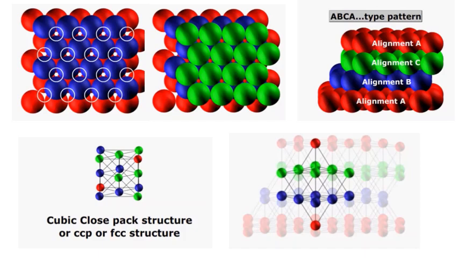The first one is for the hexagonal close packed structure, AB, AB, and the second one is for the face-centered cubic, which is ABC, ABC, and so on.